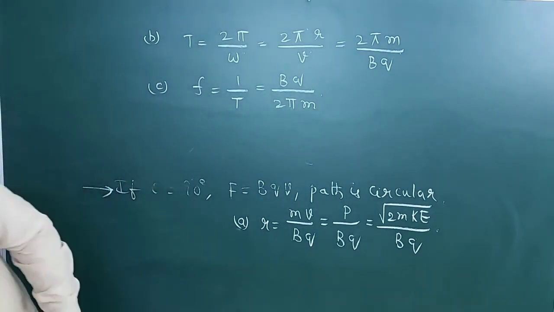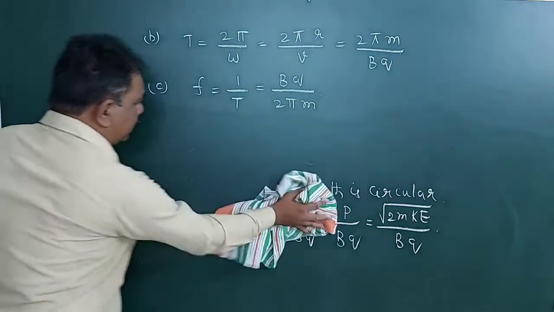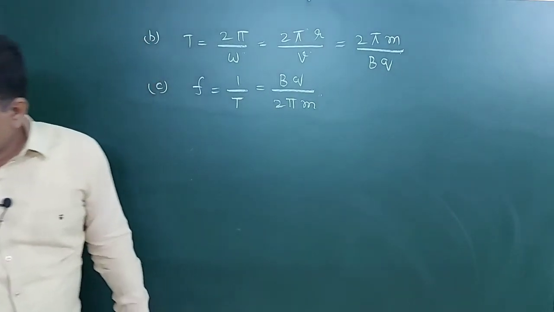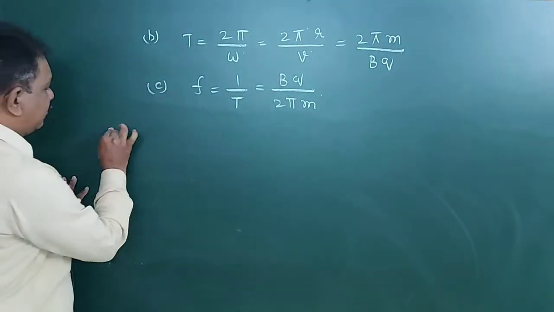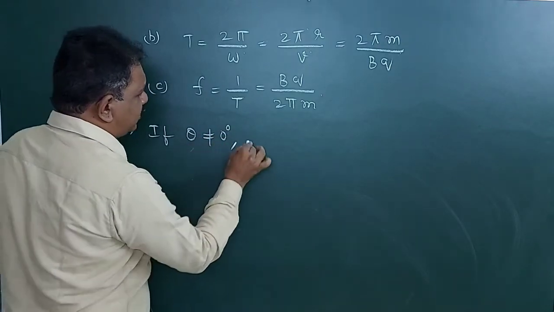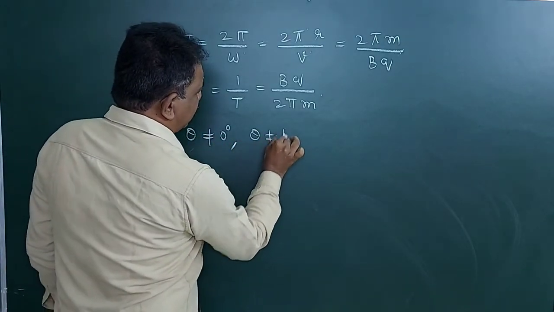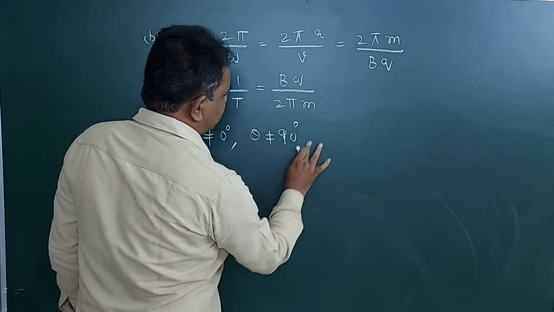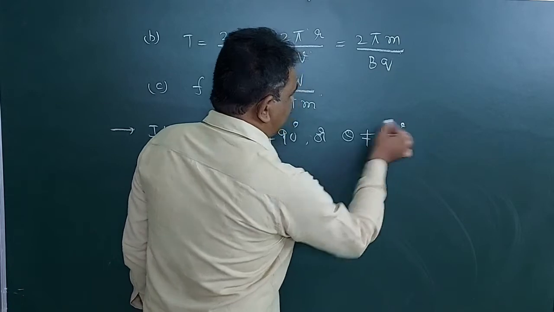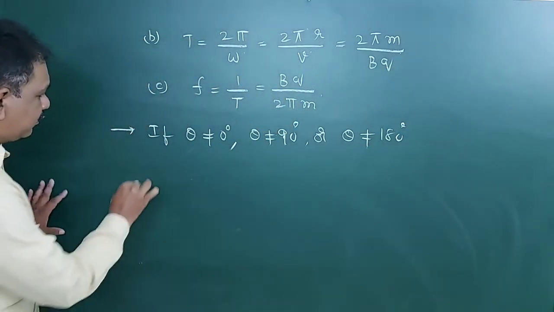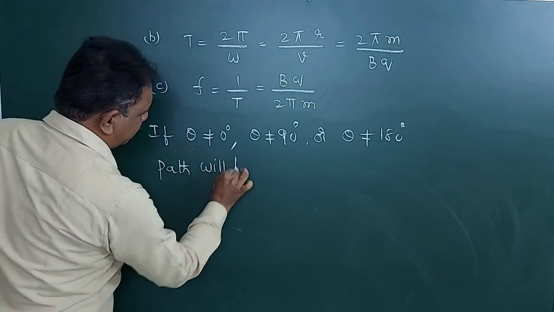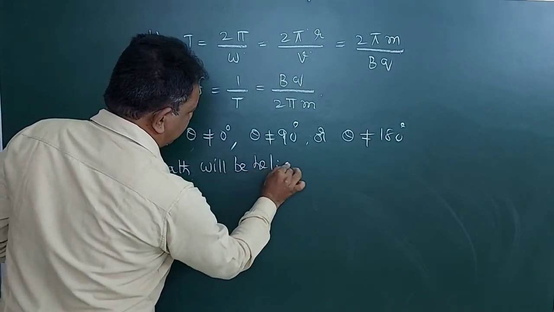If this angle is not 0 degrees, not 90 degrees, not 180 degrees, if theta is not equal to 0, 90 or 180 degrees, the path will be helical.